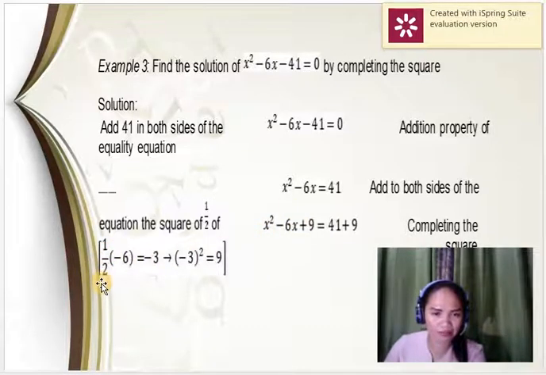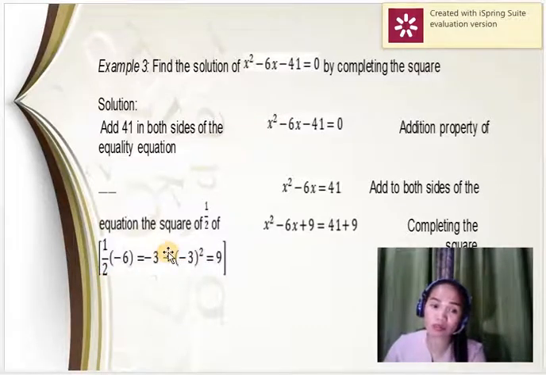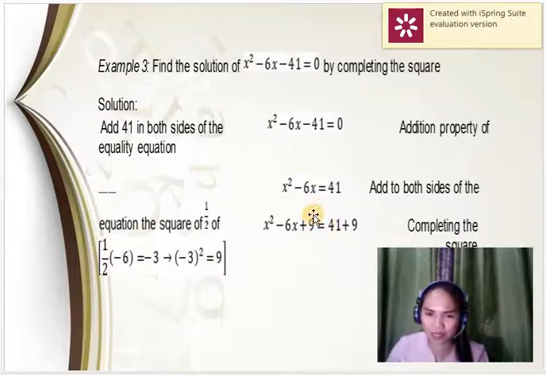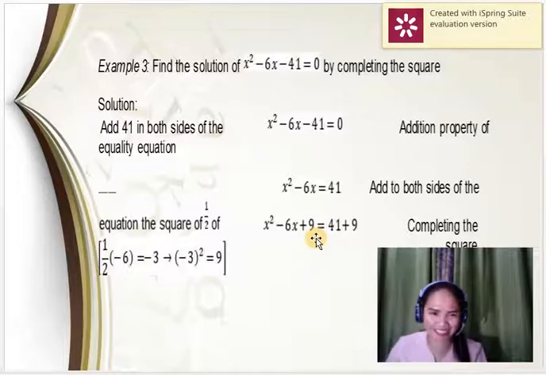Negative 6 times 1/2 is equal to negative 3. That will result in negative 3 squared. Negative 3 times negative 3 is 9. There you go. You add 9 here, also 9 here. That's completed.